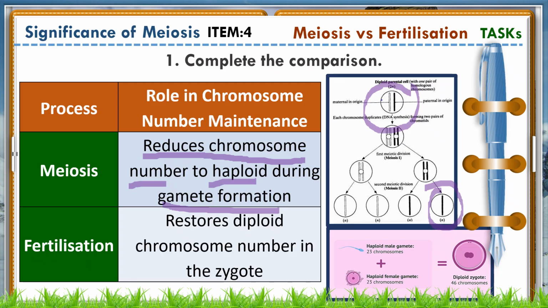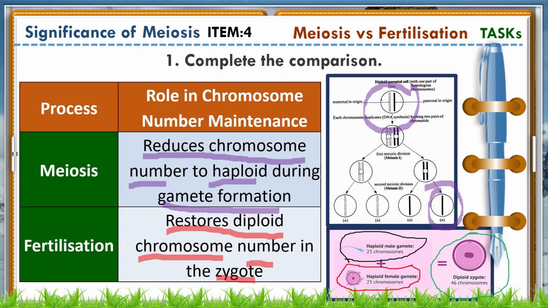But when we come to fertilization, this one restores the diploid chromosome number in the zygote, meaning that during fertilization, a haploid male gamete is combining with a haploid female gamete, each one with 23 chromosomes, and we end up with a diploid zygote, the end product, which has 46 chromosomes.